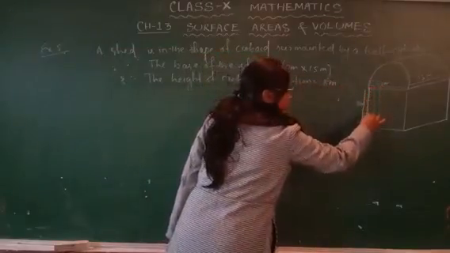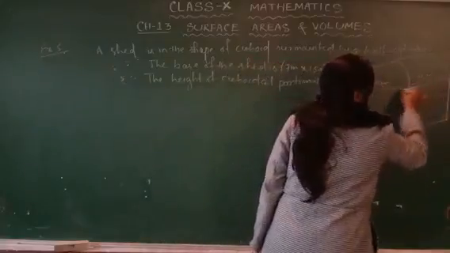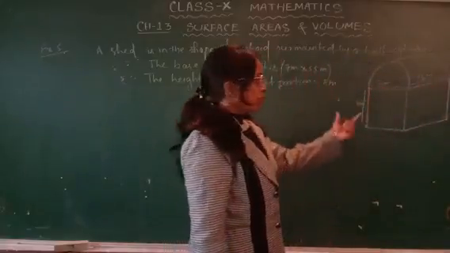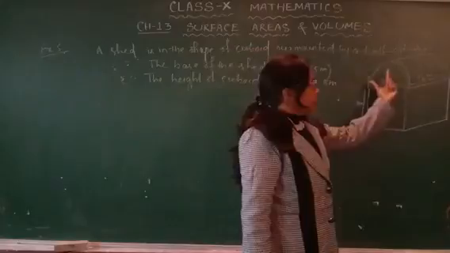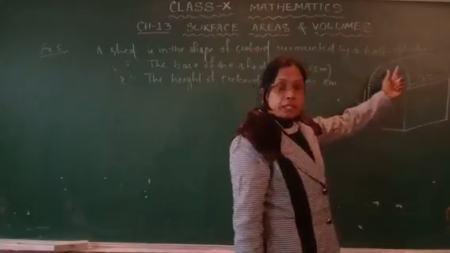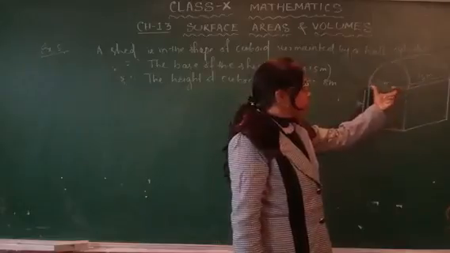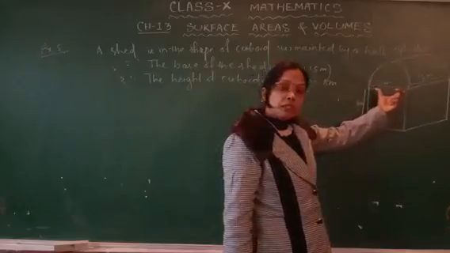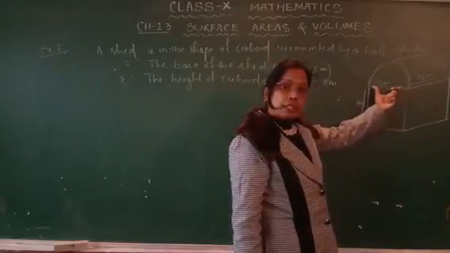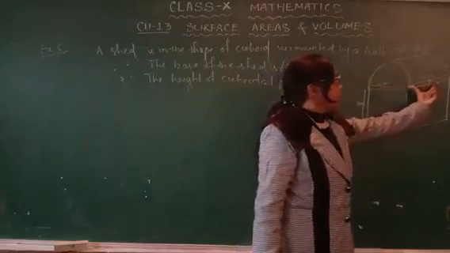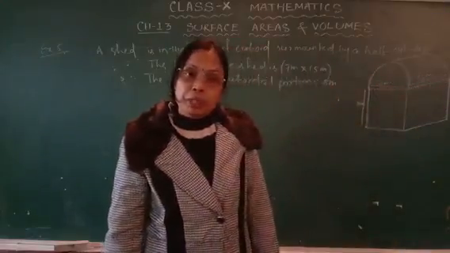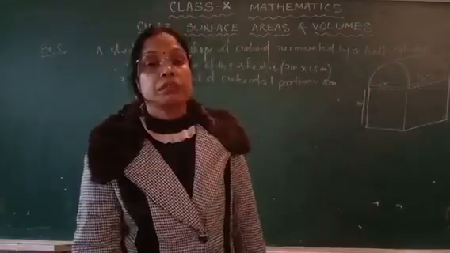Only this is the cuboidal portion. Now here you see the half cylinder which is surmounted on the cuboid. So the diameter of this cylinder is 7 meter and the height is equal to how much? 15 meter.